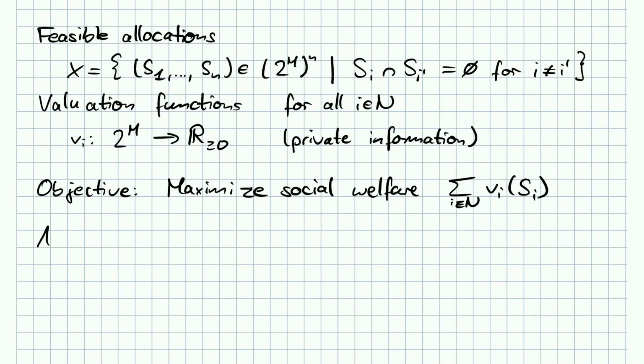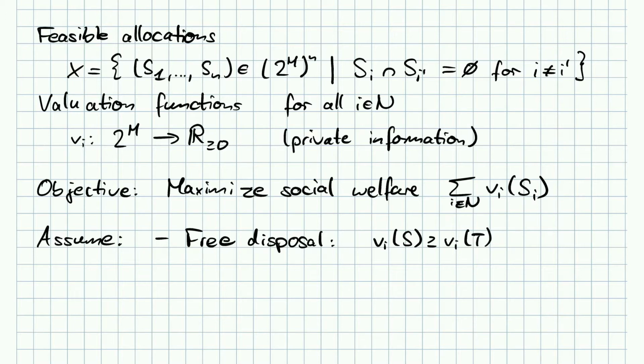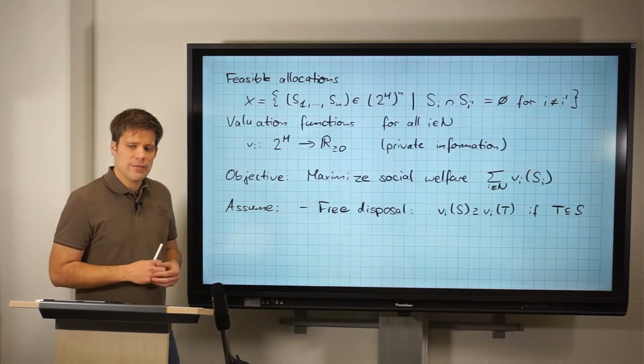We'll assume furthermore free disposal, which is a very fancy way of saying that if I get a set of items S, my value is at least the value I would have for the set T if T is a subset of S. In other words, more items never hurt me.